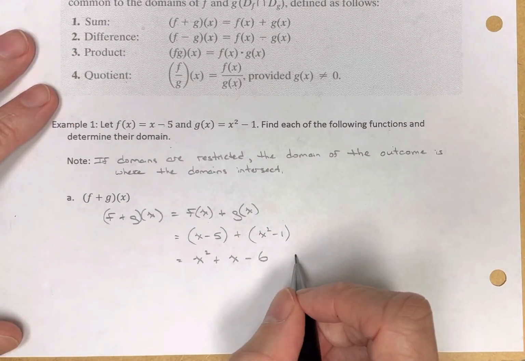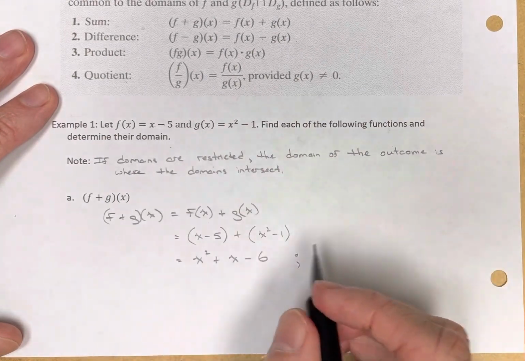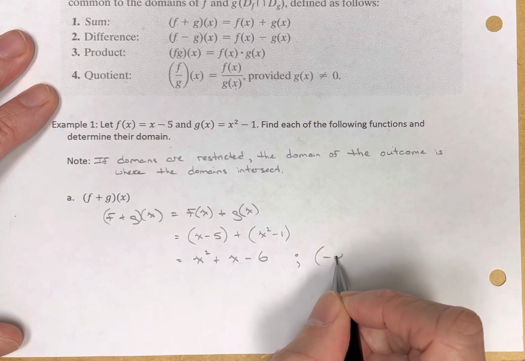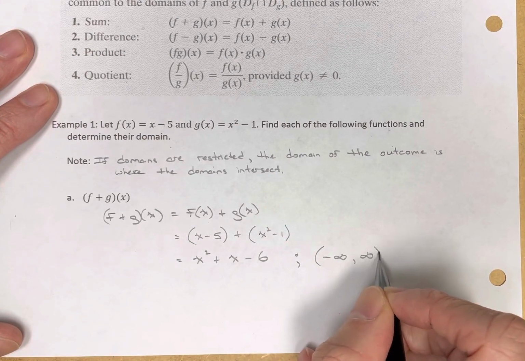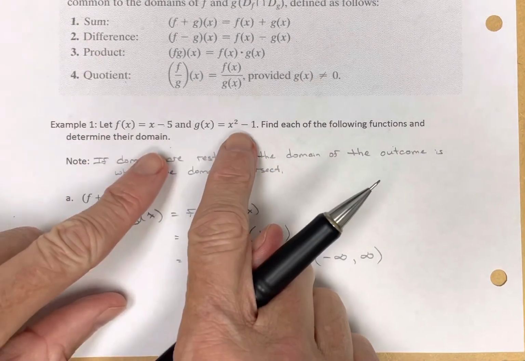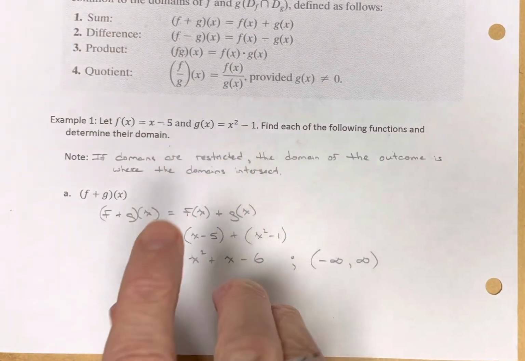And the domain: the domains of the two of them were all real numbers. We add them together, we look at the domain, it's still all real numbers. So negative infinity to infinity is the domain. We want to keep these two functions in mind as we go to the next three examples.